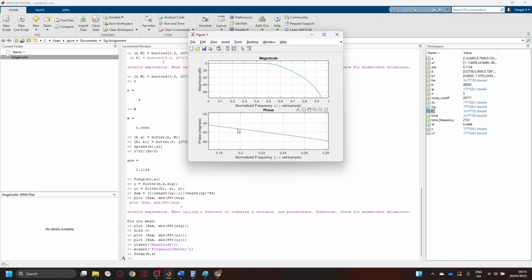About this much perhaps. So maybe this spot. So we're just going to find what the x coordinate is, 0.1718.